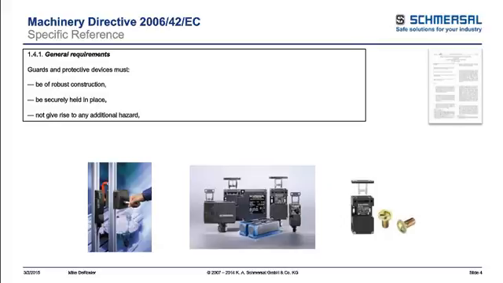Now, also in the machinery directive, one of the highlights is that the guards and the protective devices must be securely held in place. Sometimes that definition of securely being held in place gets into a lot of gray areas of what kind of hardware it really means. ISO 14119 also talks about the types of devices, the type of hardware, and the type of protective measures you put into place for protection of those devices from tampering and defeat.